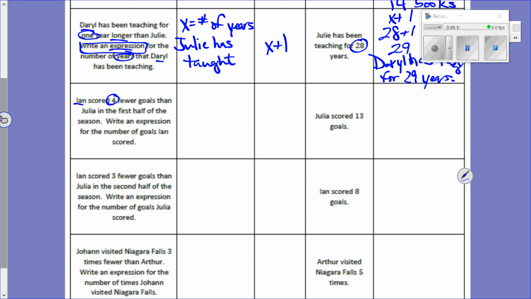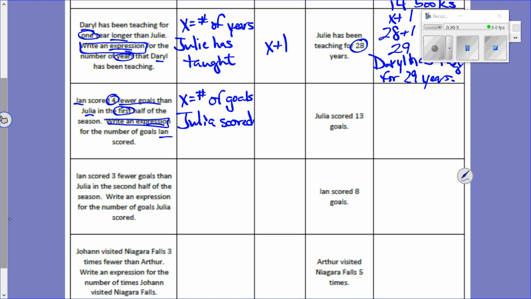Ian scored 4 fewer goals than Julia in the first half. Write an expression for the number that Ian scored. So if I'm writing for Ian, what don't I know? You do not know the number of goals Julia scored. So now we're looking at it from Julia's perspective.